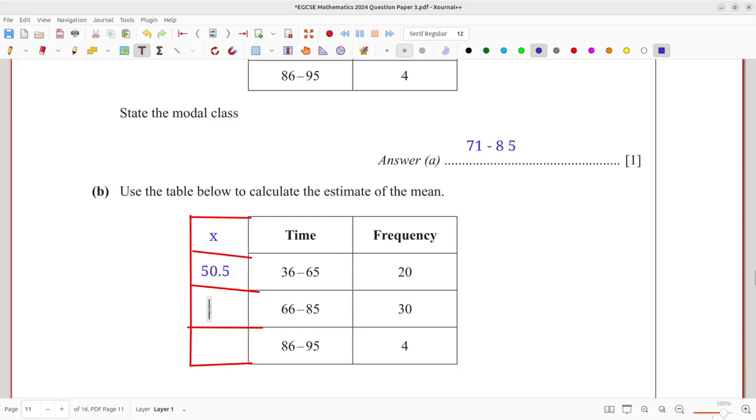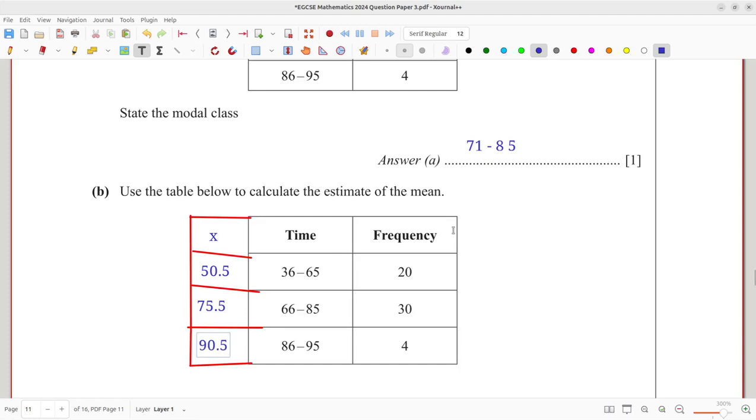Then 66 plus 85 divided by 2, 75.5. Last one, 86 plus 95 divided by 2, it's 90.5.